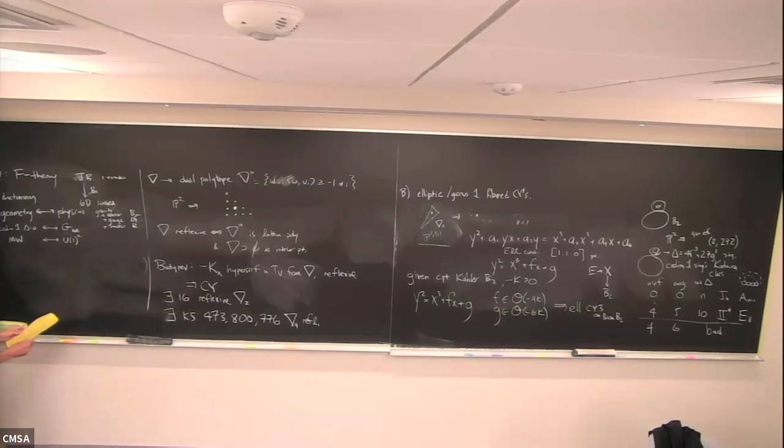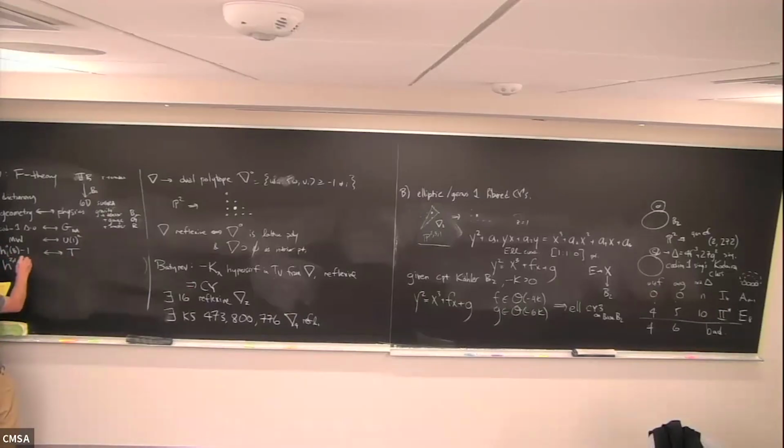Let me actually put this in a slightly different order, but let me just say a few more things. H11 of the base minus 1 becomes the number of tensor multiplets in the gravity theory. So we can read off a map between the physics and the geometry of the base.